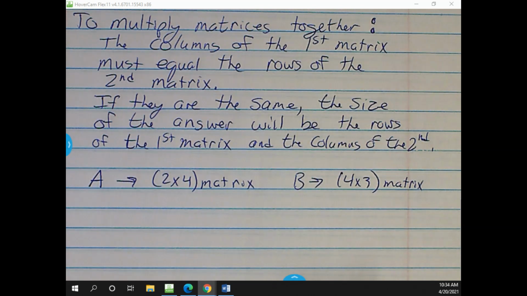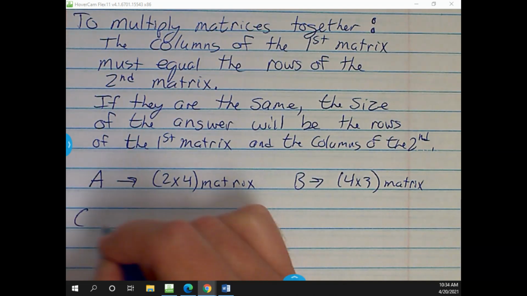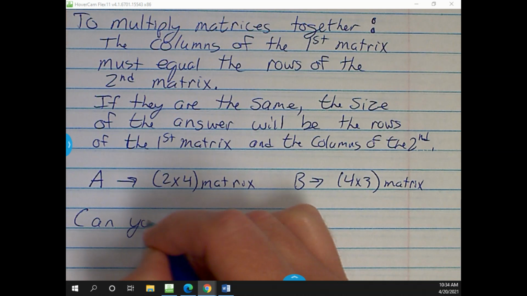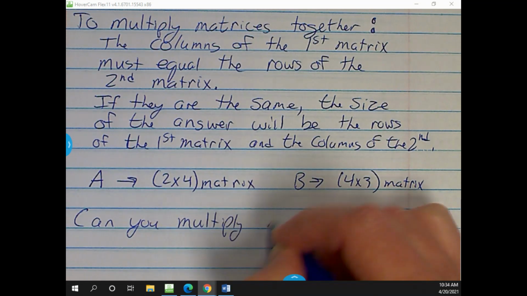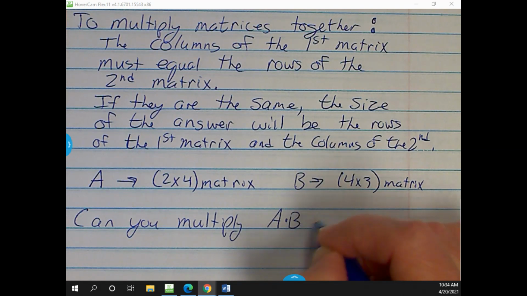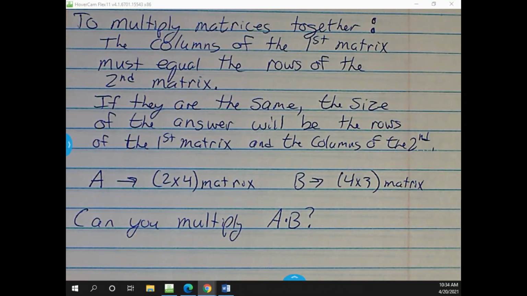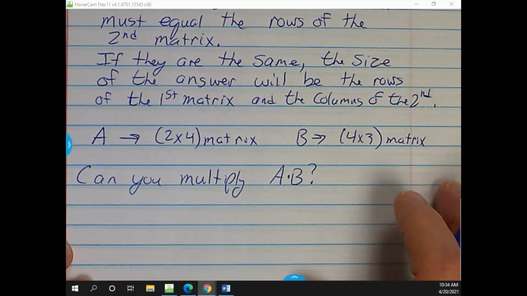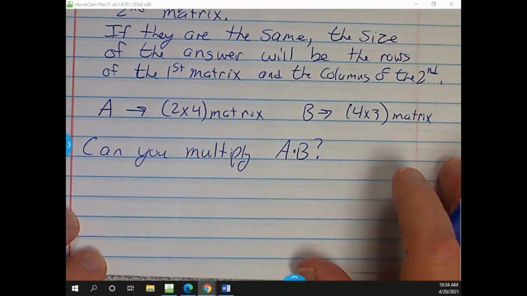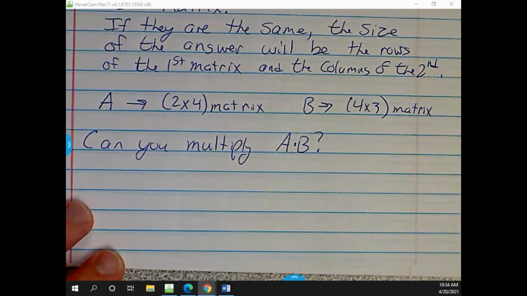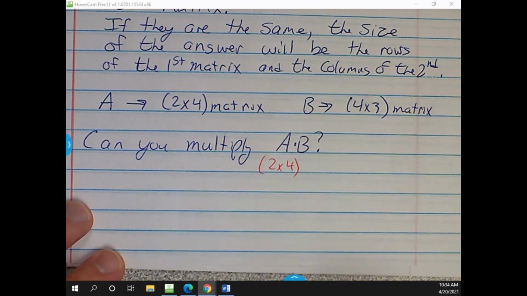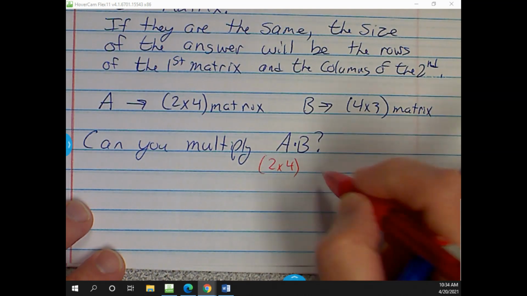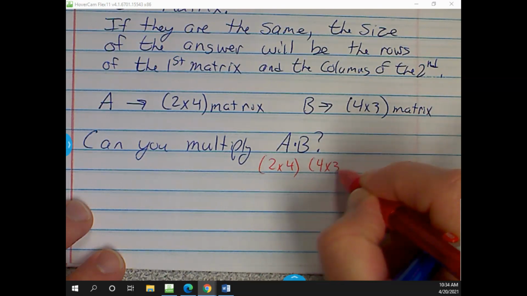Probably one of the questions will be, can you multiply A times B? If you write down the size of the matrix, it's a really easy way to figure this out. Just underneath these, I always write down the size of it. It's a 2x4 matrix for matrix A. Matrix B is a 4x3 matrix.